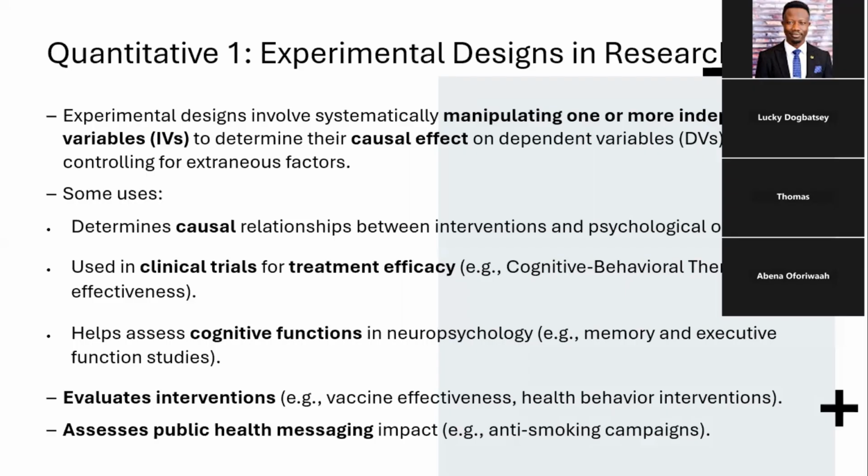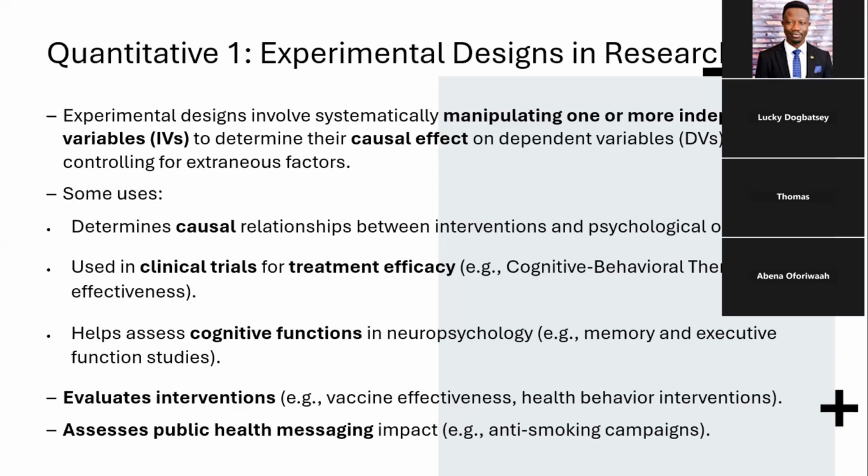So I was saying that if, for example, a researcher is interested in understanding whether watching violent cartoons can cause aggression in children, the researcher is interested in aggression in children, and thinks that there's a certain independent variable, which is violent cartoons, that can cause it.